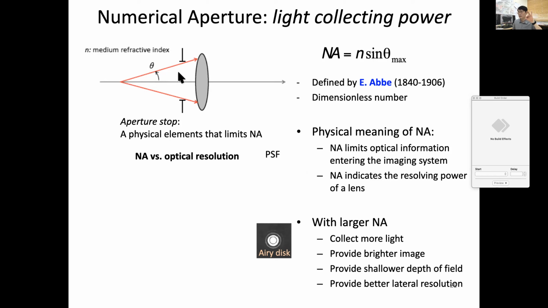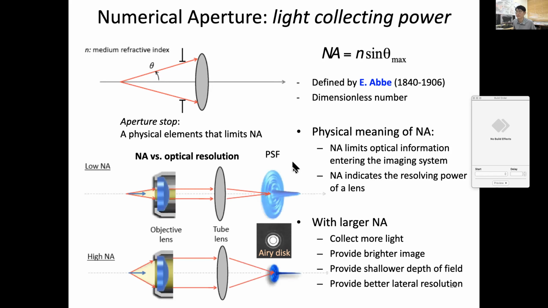So this numerical aperture is really about the optical information content which passes through your system. At the same time, the bigger this angle, the more information of diffraction and you have higher resolving power or resolution.